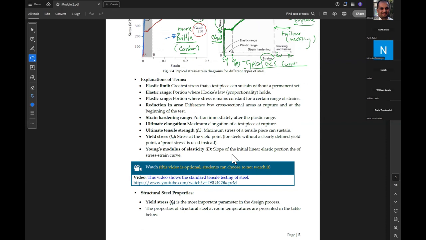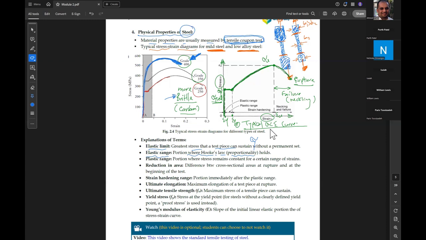Okay, these are some explanations of terms of the curve. We have the elastic limit, which is the stress at sigma yield. We have the elastic range, the portion where Hooke's law is applicable proportionally, only in this area here.